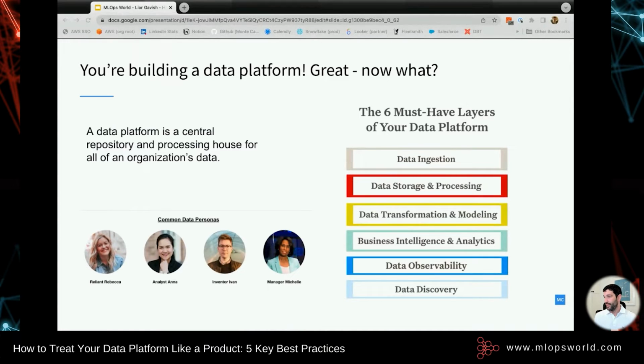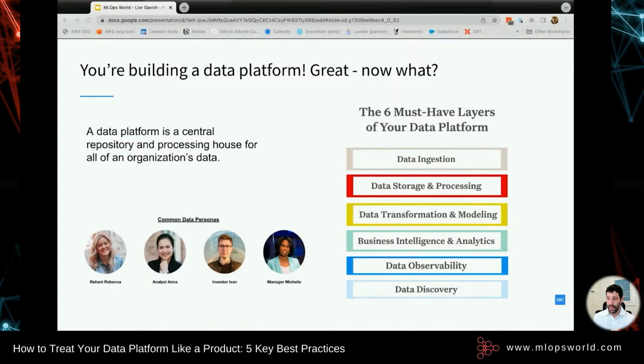You'll see a business intelligence and analytics tool, something like Looker or Tableau, that can help people visualize data and extract insights. You will increasingly see a data observability tool. We'll talk about it today, but essentially it's a way for people to understand the health and the trust of the data in the platform.